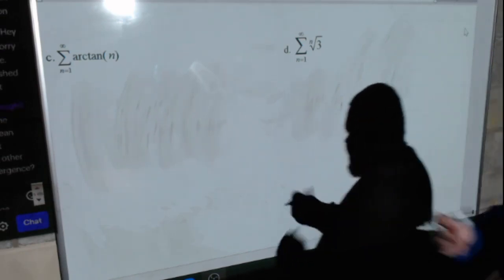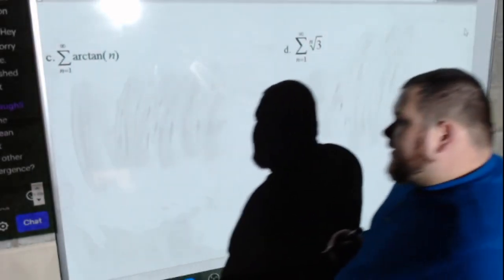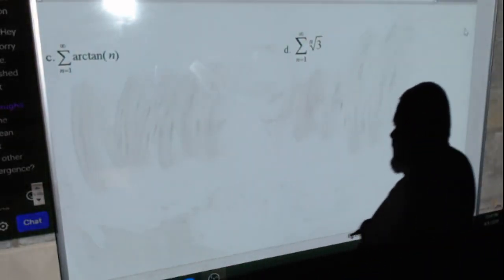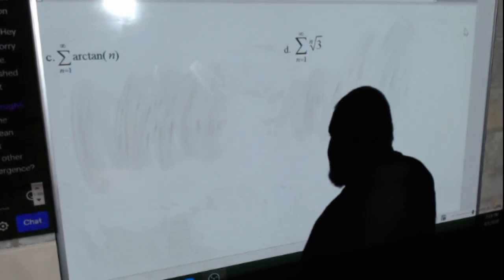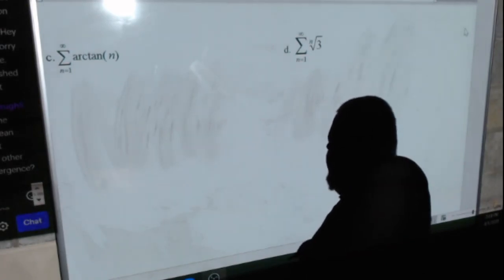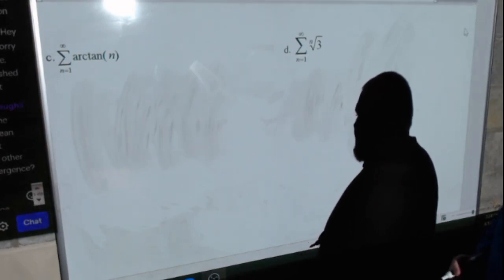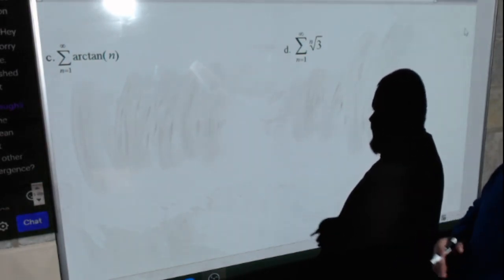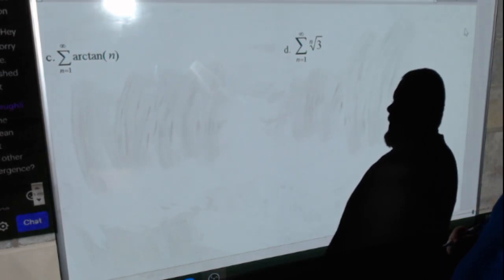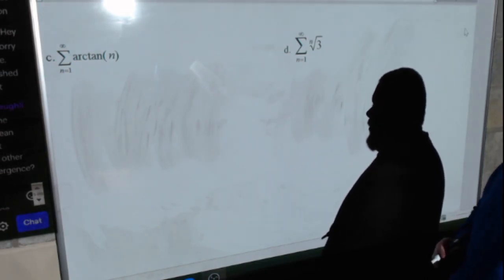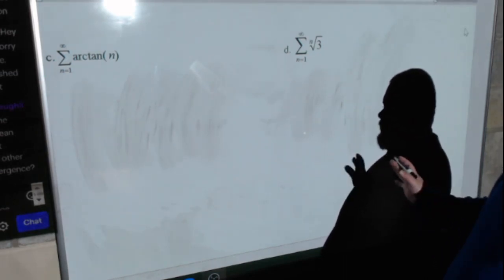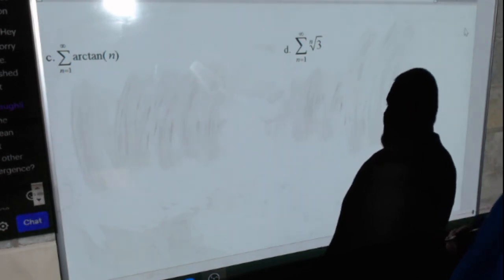So again, does the value 2 represent anything other than divergence? No. So recall I said that there are only so many of these that we can find the sum or where it converges to, that sort of thing. And this is not one of them. So you got a number that tells you it diverges. That's it.